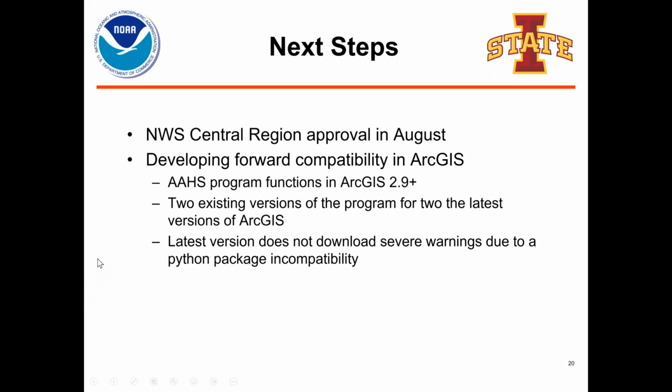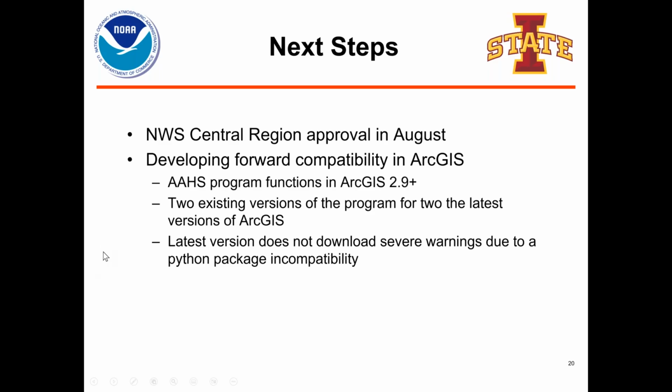There was a big ArcGIS 3.0 update that came out right at the end of my project, and so we ended up making 2 different versions of the program, one for anybody still running ArcGIS 2.9 and one for anybody running 3.0. And so those 2 versions exist. I'm sure most offices by this point are probably on ArcGIS 3.0, so we have that available to you.